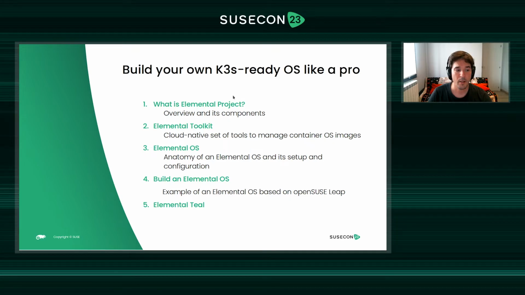In the fourth section, we're going to build an Elemental OS, following an example of building one based on the openSUSE distribution. And finally, in the fifth section, we're going to talk about the Elemental Teal. The Elemental Teal is essentially the specific appliance, the specific Linux image we are providing within the Elemental project that's been built with the Elemental Toolkit.